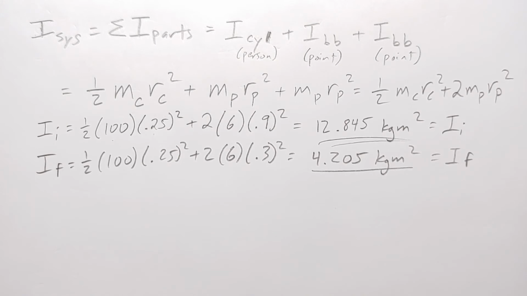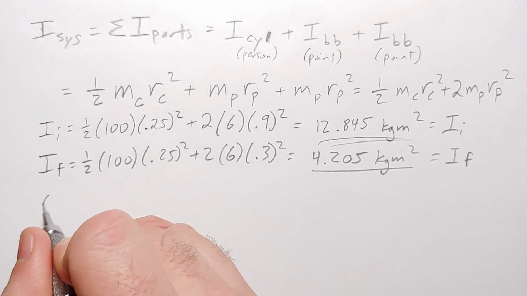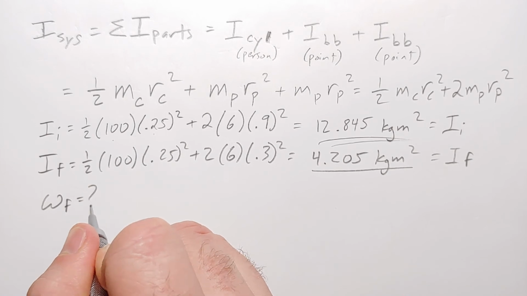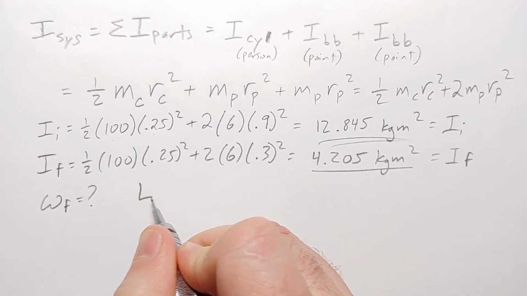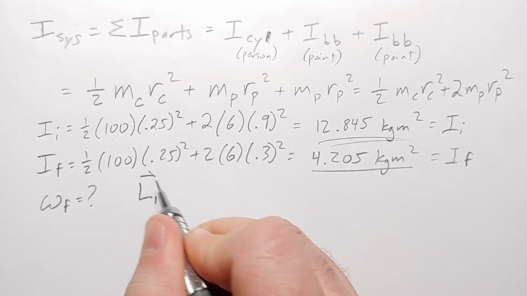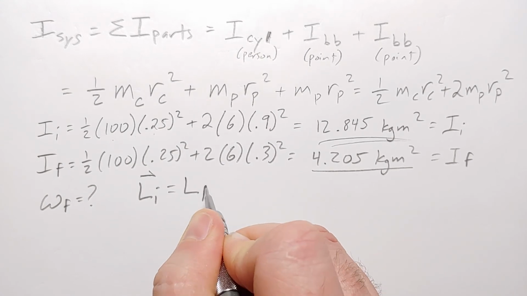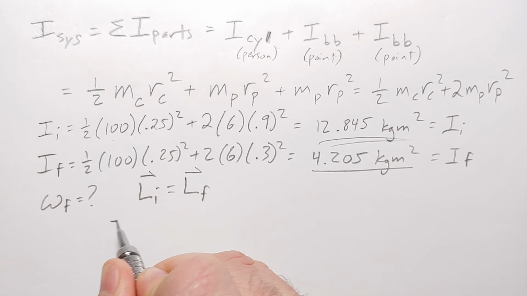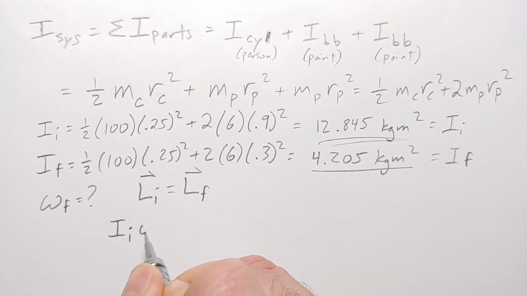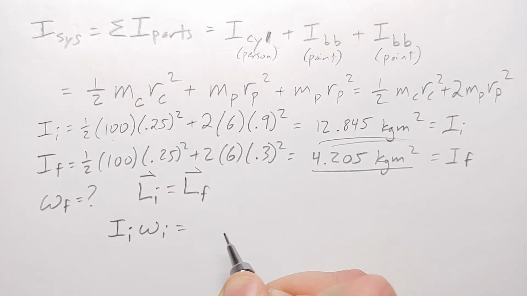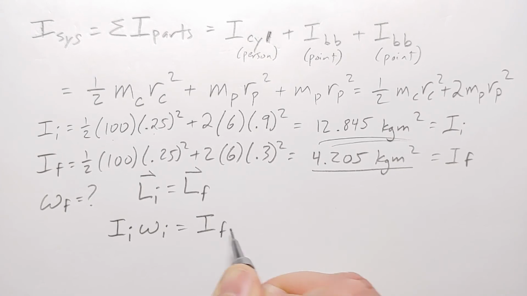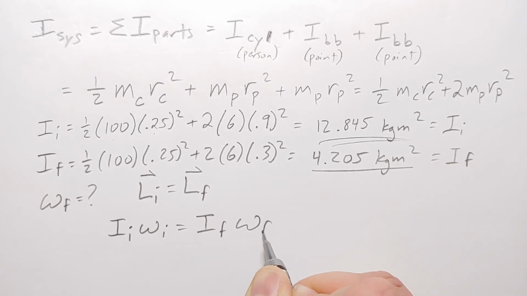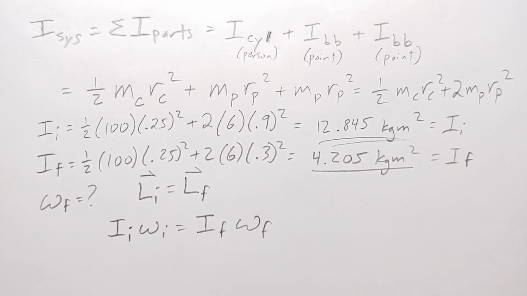And then the last thing we wanted to do is figure out what the final angular velocity is. And so to do that, we know that the angular momentum at the beginning has to equal the angular momentum at the end, which means that the initial moment of inertia times the initial angular velocity has to be equal to the final moment of inertia times the final angular velocity.